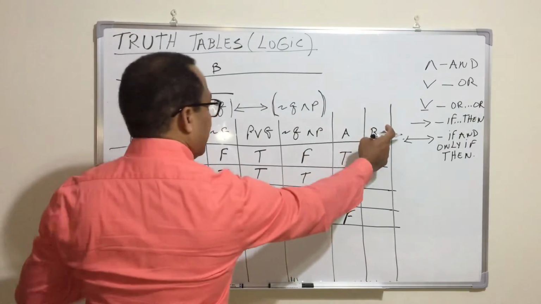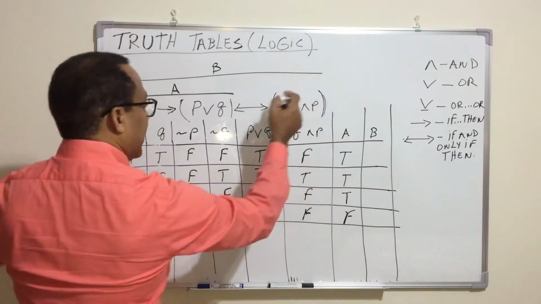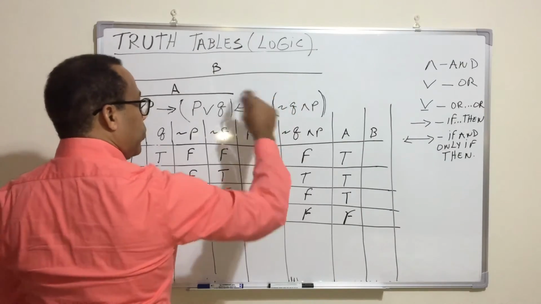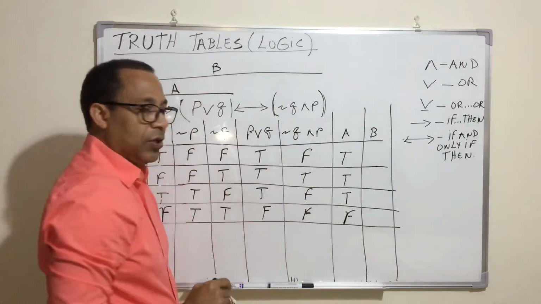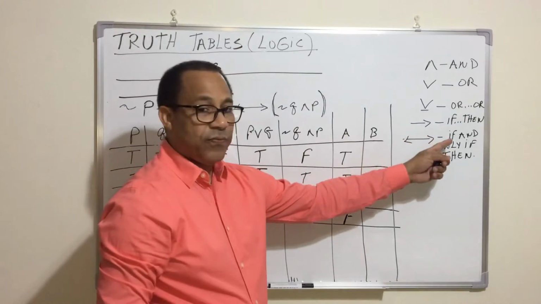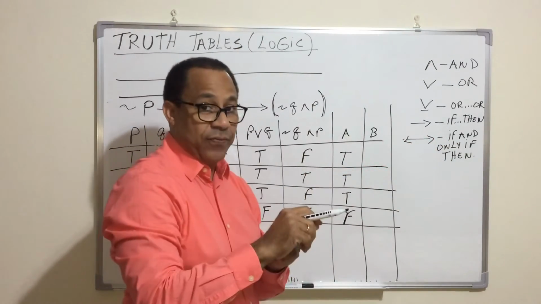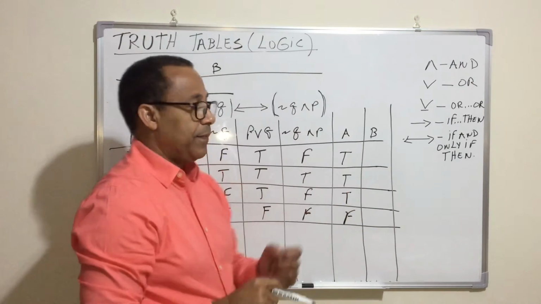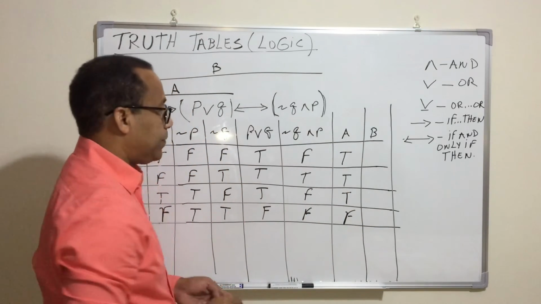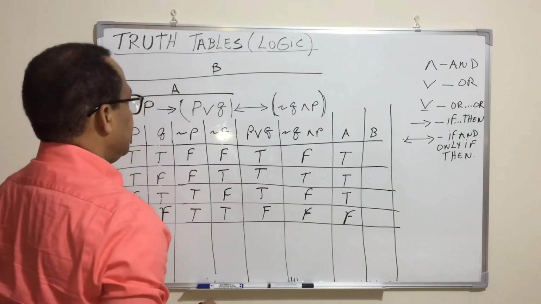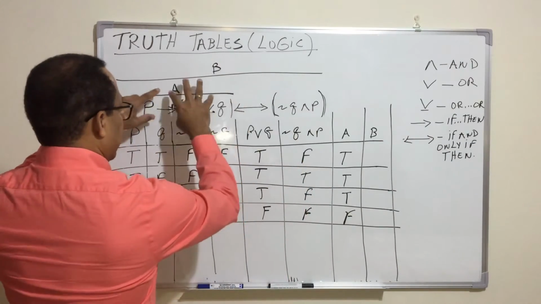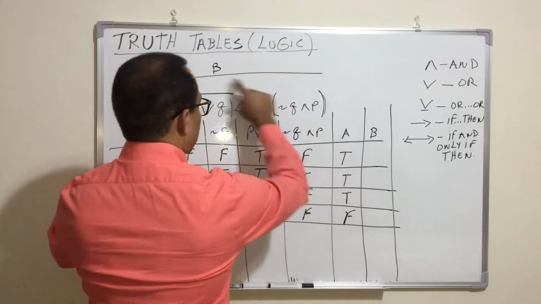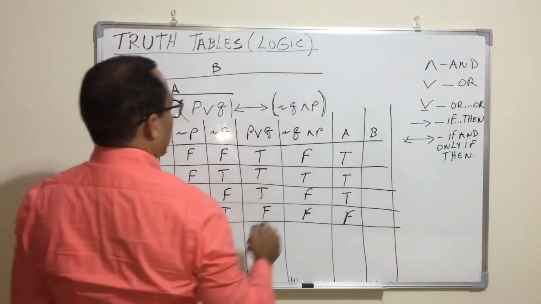And the last statement, B, is the complete one. The symbol between them is double implication. The double implication says if and only if. Here is an example. I'm going to work with letter A and letter B. Letter B is the complete one.